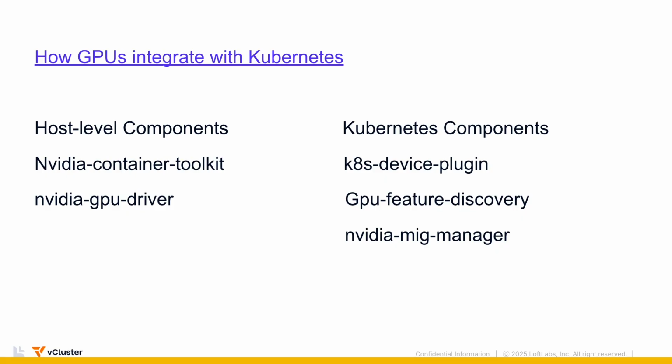Then we need some components at the Kubernetes level so that the pods running inside your Kubernetes cluster can identify when there is a GPU resource. The GPU feature discovery and the K8s device plugin are able to identify when a GPU resource is available for you to use, and the pod will then be able to access that GPU that has been made available specifically for Kubernetes.